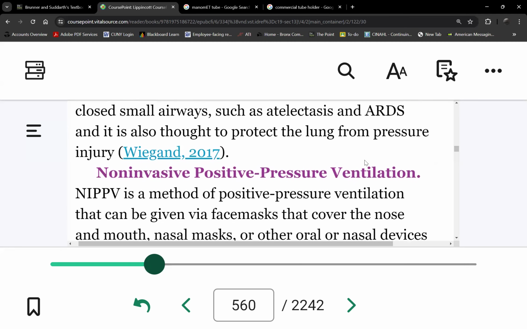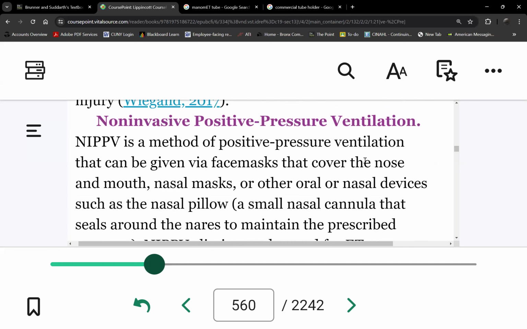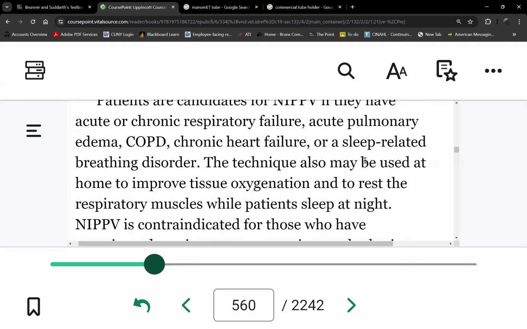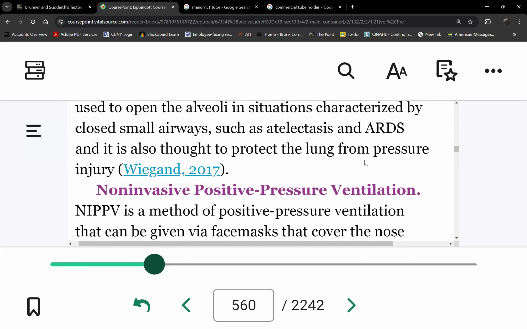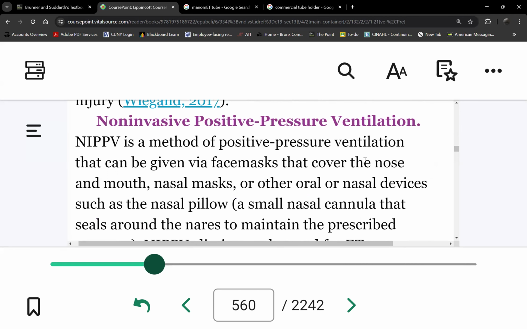When we say non-invasive positive pressure ventilation, this is referring to a BiPAP. Which, by the way, the ventilator is a complex machine. So it's a computerized, highly sophisticated machine. It is capable of functioning as a BiPAP or even a CPAP. Meaning on the vent, there is a CPAP or a BiPAP mode.